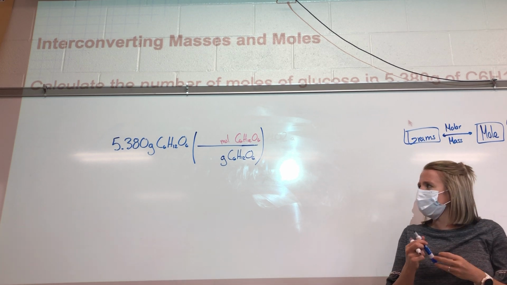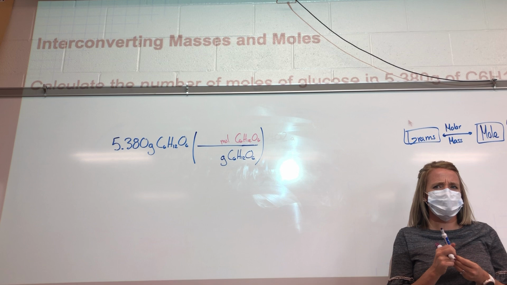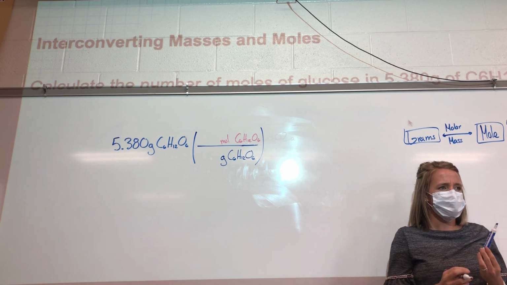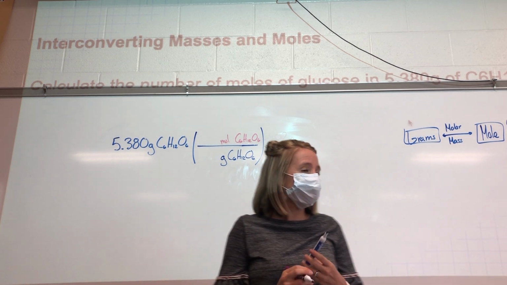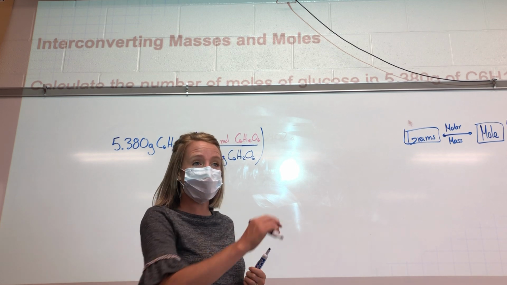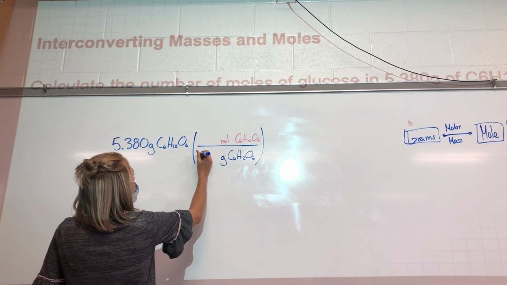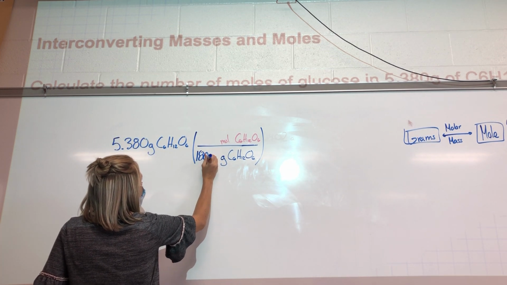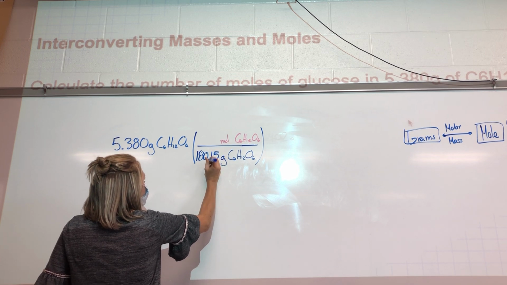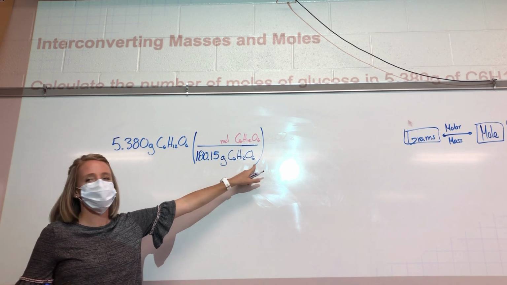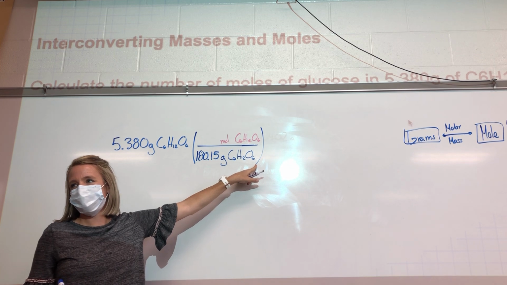Someone by raise a hand remind us, how do I find the molar mass of something? You do the atomic weights of all of those, multiply them out. Good, so we gotta add them all up. 180.15 if you don't feel like doing it. So that's what we get when we add up all their individual masses.